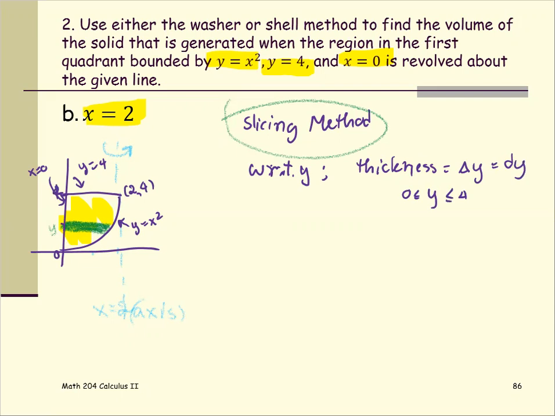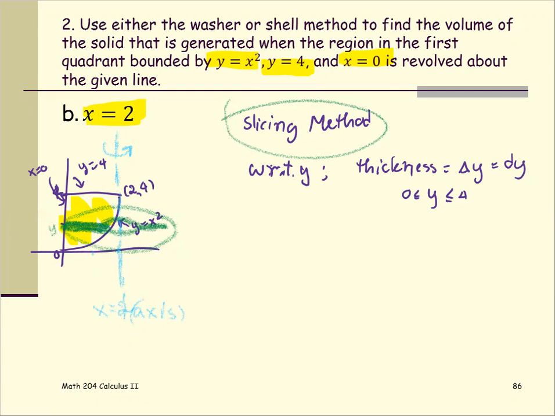Next, if we perform the rotation, you will see the solid. For this slice, we form the washer. I'm going to make it clear that the vertical line here is the axis of revolution. You can see the middle part is empty.